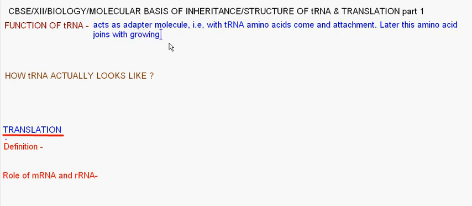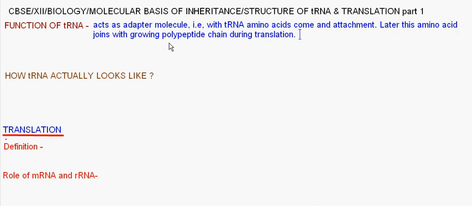So that's the main function. So one by one tRNA goes, attaches with the mRNA during translation, and one by one amino acids are added to the growing polypeptide chain. That's the main function of tRNA.